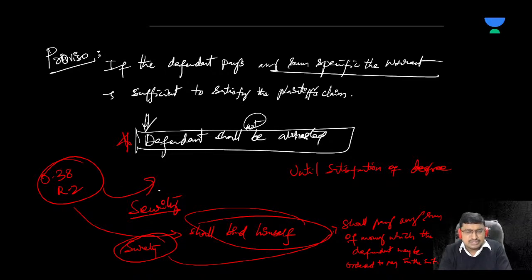He may produce the security from a third party. Here, the third party shall pay any sum of money which the defendant may be ordered to pay in the suit as per the order of the court under Order 38 Rule 1 of C.P.C. Once any third party furnishes such security, then the surety shall bind himself to produce the defendant whenever the court asks for his appearance.